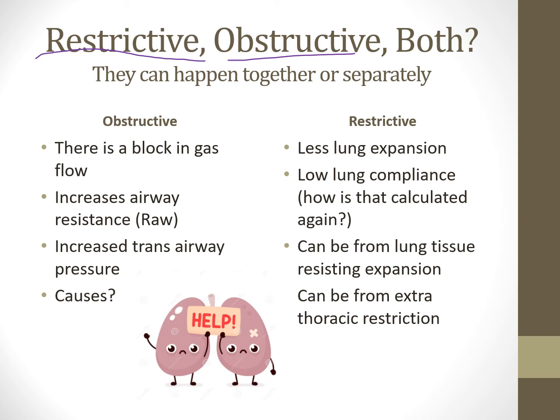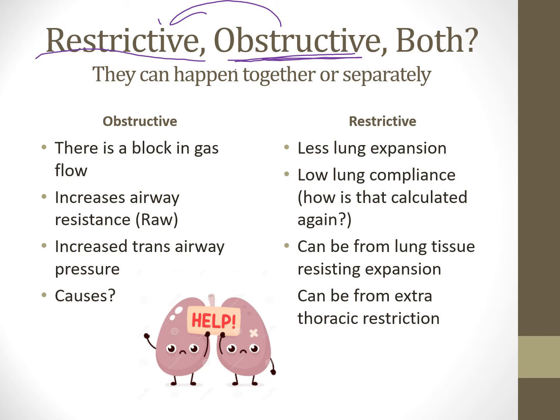Because of the swelling of the respiratory zone. Or I can have someone that has emphysema, an obstructive disorder, and they develop pneumonia. Well, now they have both, right? So they can happen together or separately. That's what we're going to look at with the pulmonary function test. Are they happening together? What type is it in the first place? Do we have both going on, or is it a separate thing?